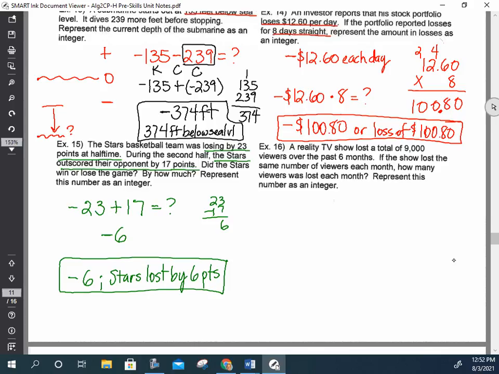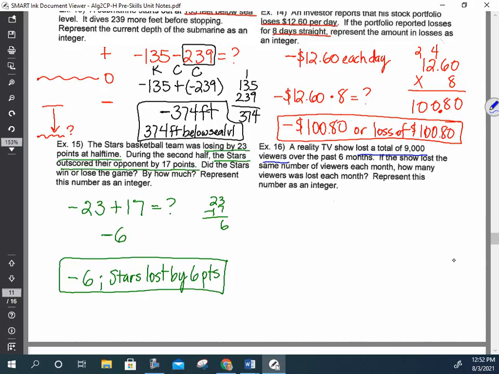Lastly, problem 16. A reality TV show lost a total of 9,000 viewers over the past 6 months. If the show lost the same number of viewers each month, how many viewers were lost each month? Represent this number as an integer. So losing a total of 9,000 viewers will most likely get the show canceled.